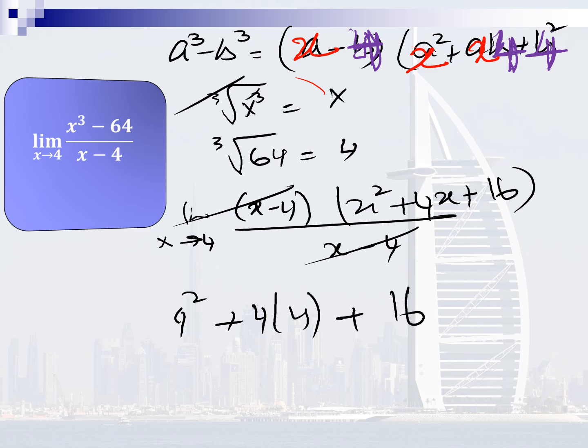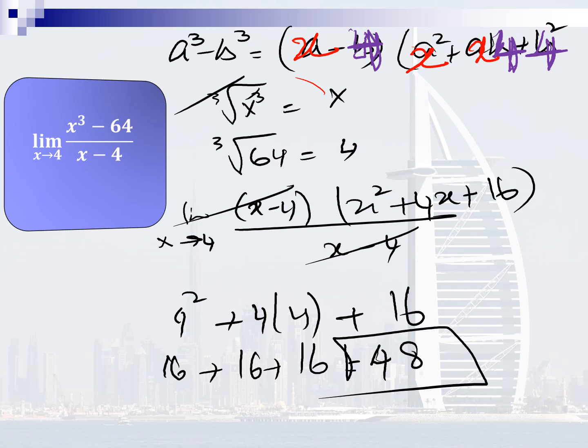So 4 square is 16, plus 16 plus 16, which gives us 32, then 48. This is how we solve the cube, this is how we factor the cube functions.